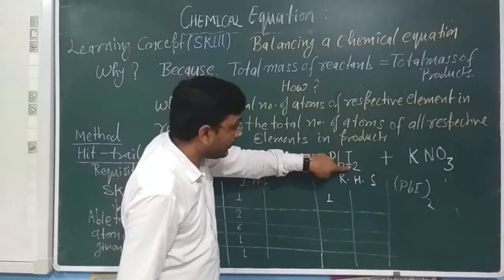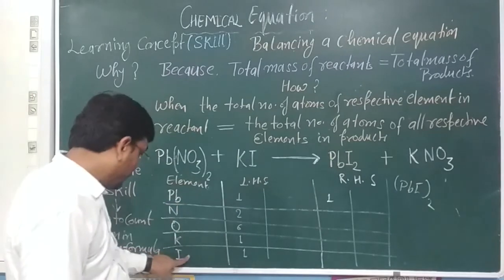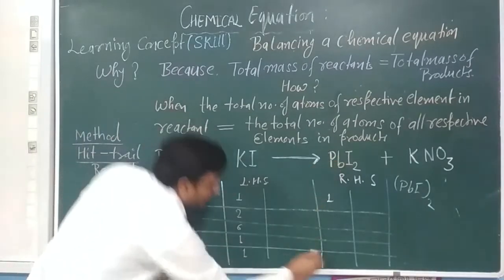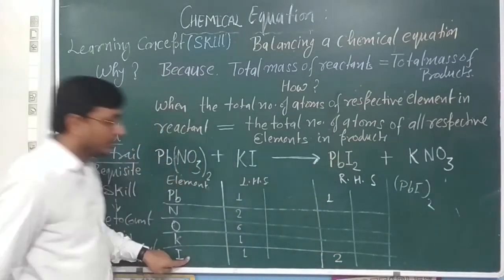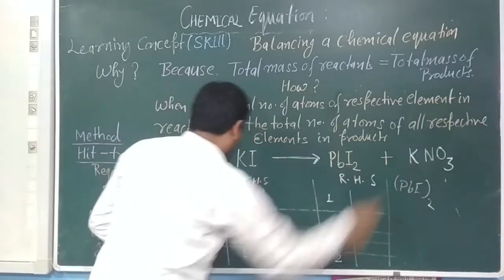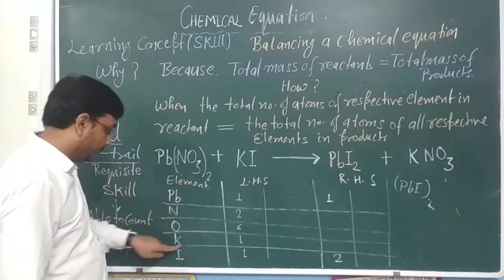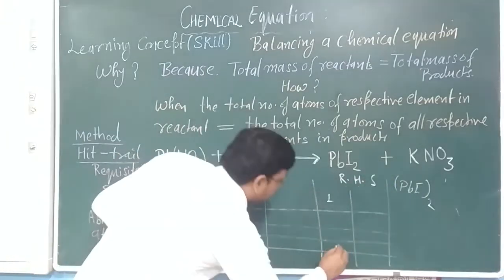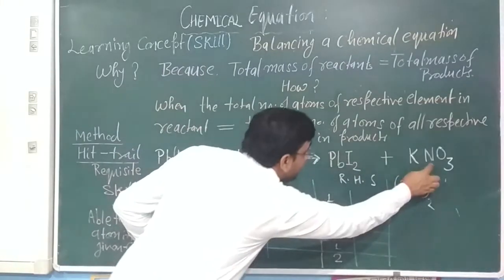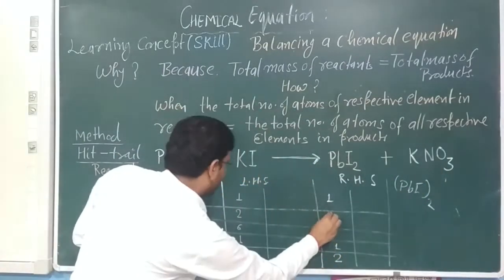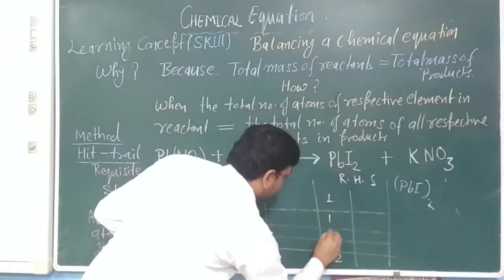Iodine is here. For iodine write 2. Now potassium here. Potassium 1, nitrogen 1, oxygen 3.